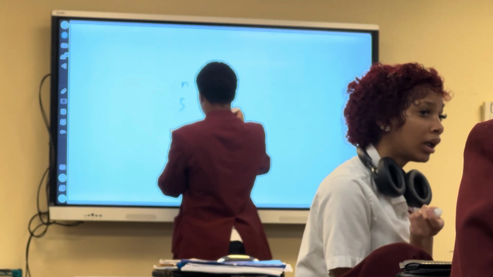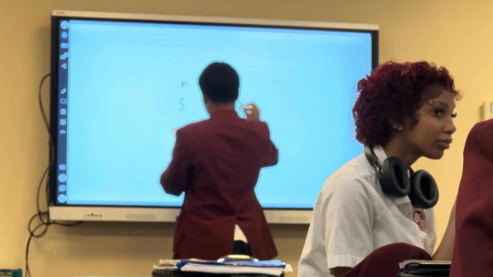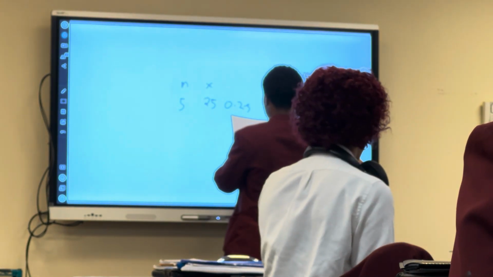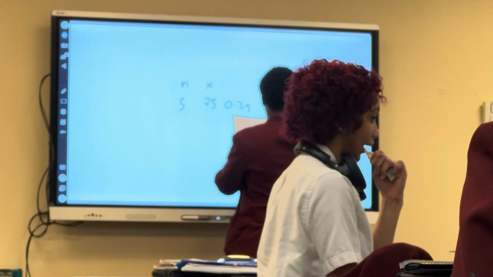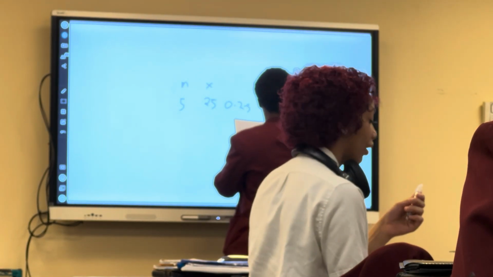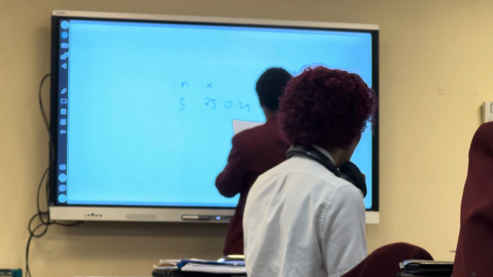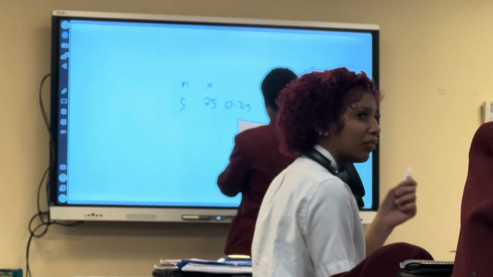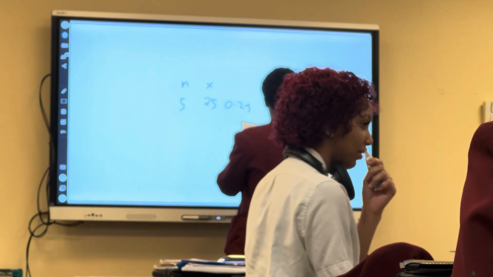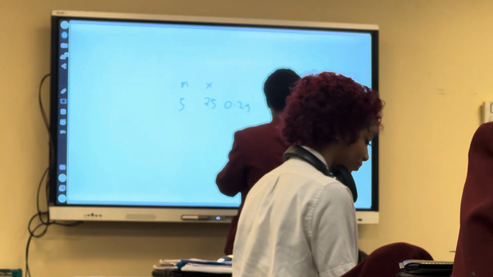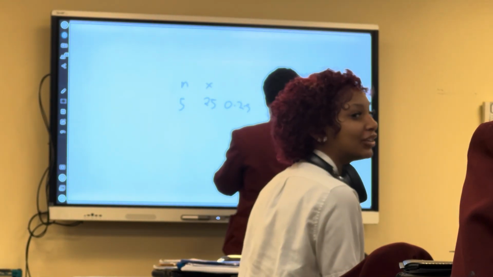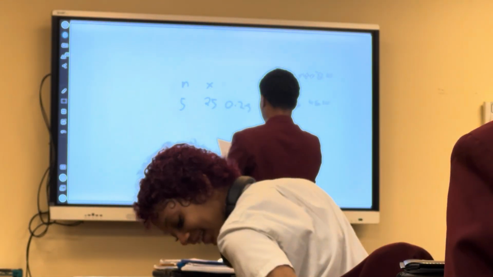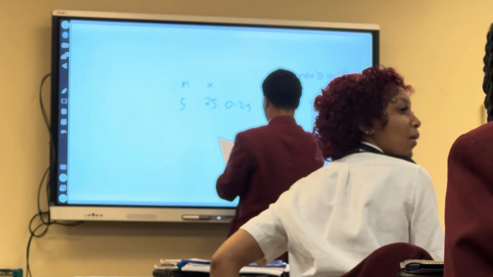So it's gonna be 1 minus 0.2, because you gotta use this one right here, which becomes 0.8. So then it becomes 125 times 0.8. Well, you gotta multiply it to figure that out. You gotta multiply the n times 0.8.